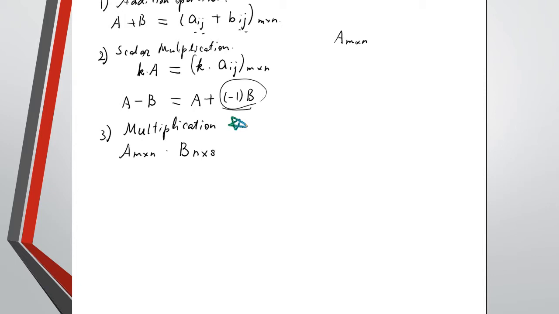Okay, so you find out, yes, we have to make sure that the column number of the matrix A has to be equal to the row number of matrix B. And this time we have the definition for such multiplication.